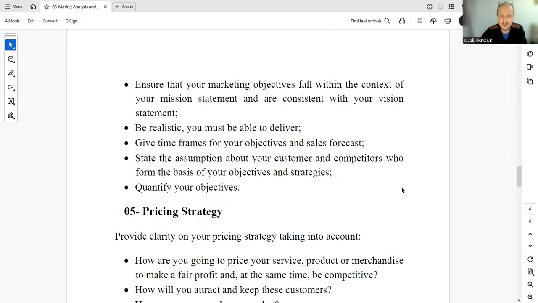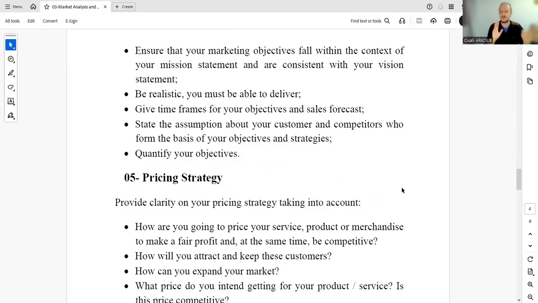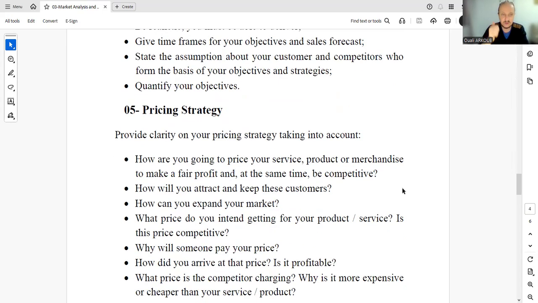Now, pricing strategy. We start with the 4Ps in marketing. The first strategy is pricing strategy. Provide clarity on your pricing strategy, taking into account how you are going to price your service, product, or merchandise to make a fair profit and at the same time be competitive.